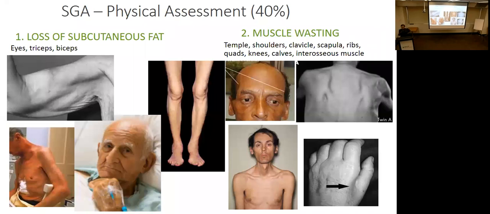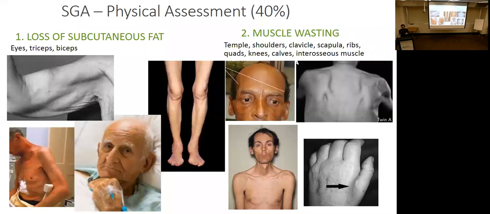We're looking at muscle wasting as well. So starting from top down to the bottom, we're looking at the temple. Is that concave? Are their shoulders nicely rounded, or are they squared off? In malnutrition, you'll see that there's a slight squaring of the shoulders, or it might be severe. Again, is the clavicle scapular, are the ribs protruding?